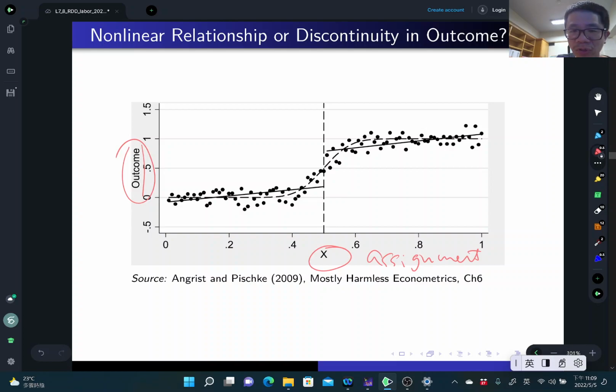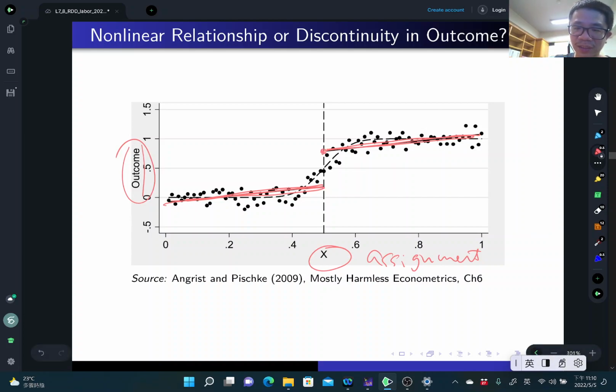For the data below the cutoff, you use a linear function to fit the data, and for the data above the cutoff, you use another linear function to fit it. Then you compare these two linear functions' estimates at the cutoff.